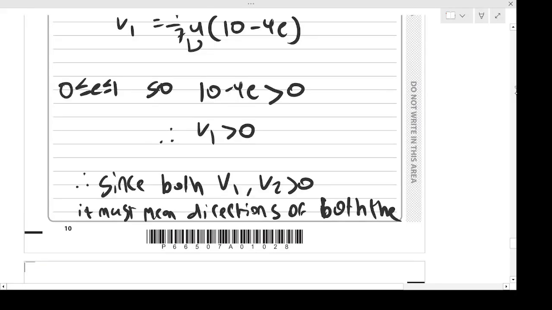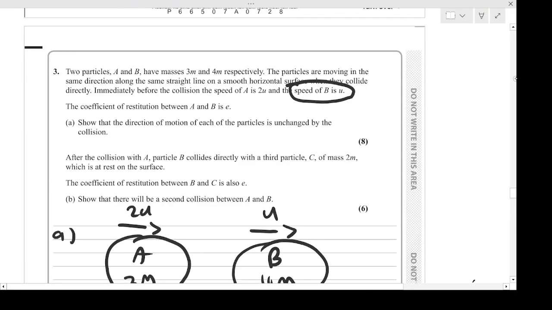Right, so now it's saying: after the collision with A, particle B collides directly with a third particle C of mass 2m, which is at rest on the surface. The coefficient of restitution between B and C is also e.